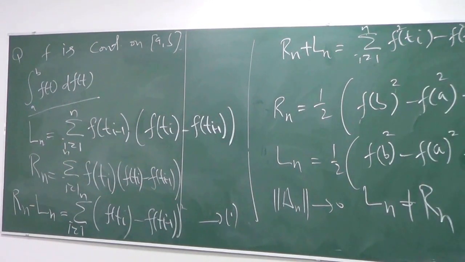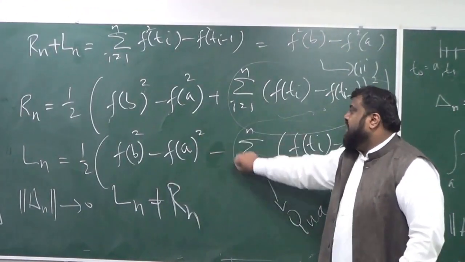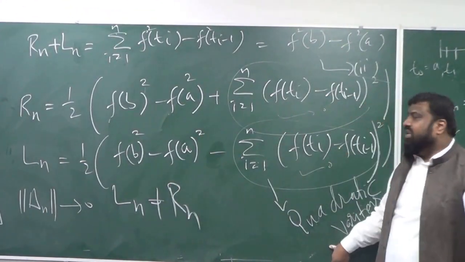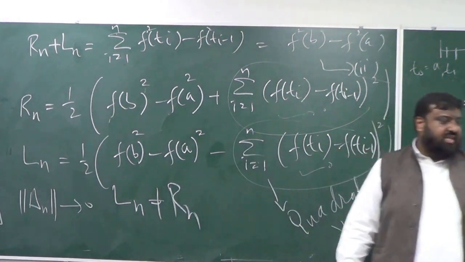One answer is that if these sums go to 0 for the function f, in other words, it has quadratic variation, then the integral makes sense.